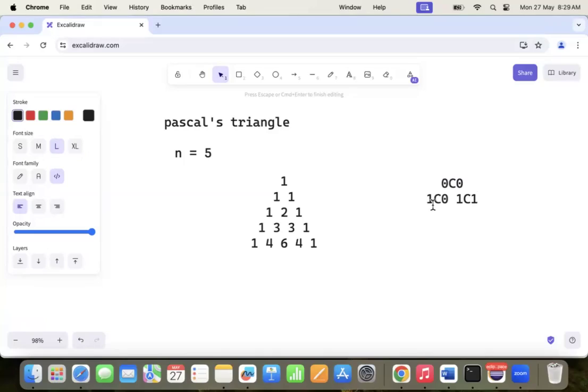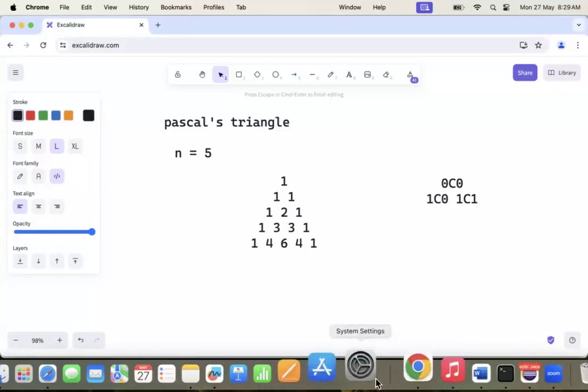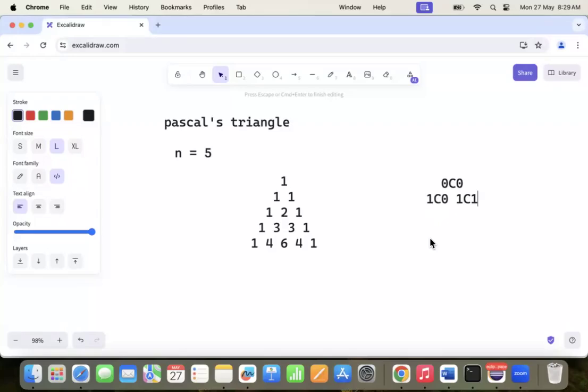Could you tell me the value of 1C0 and the value of 1C1? Please apply the NCR formula and try to find out the values. Both are 1, sir. Very good. Both are 1.